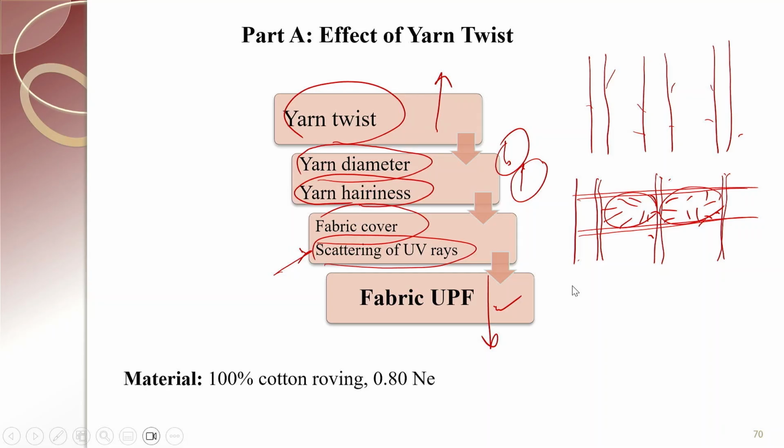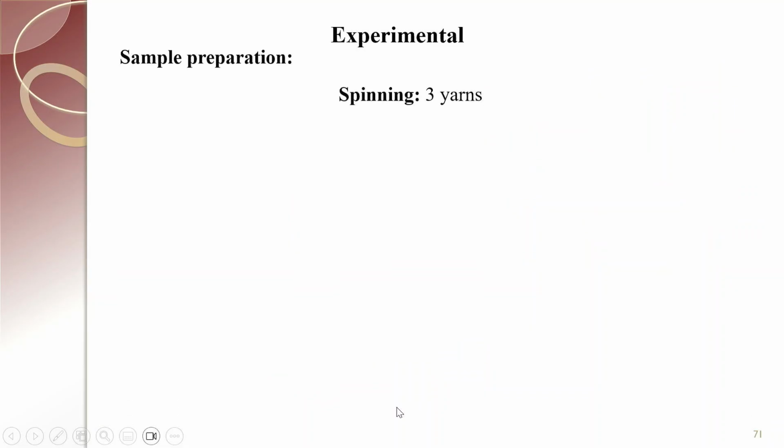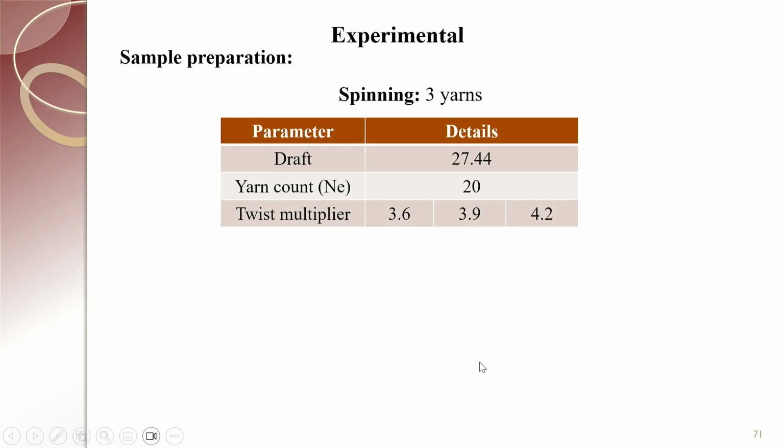We have used 100% cotton roving of 0.8 Ne count. Now, sample preparation. We prepared 3 yarns.